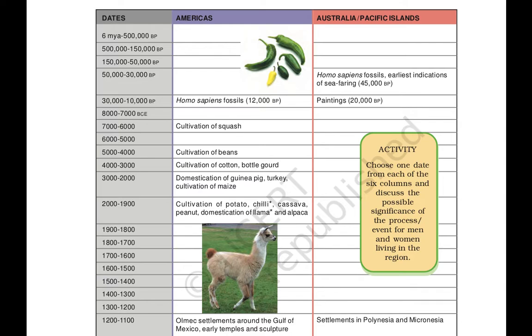So from 6 million to 50,000 BP, in this timeline, in Americas, discovery of chilies.